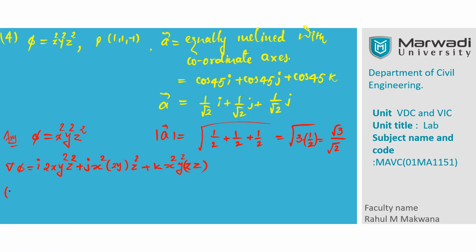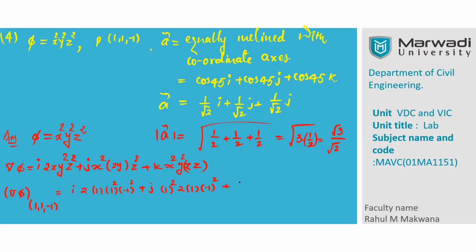Let us put that point, given point 1, 1, minus 1. So we have i 2 1 1 minus 1 plus j 1 1 minus 1.